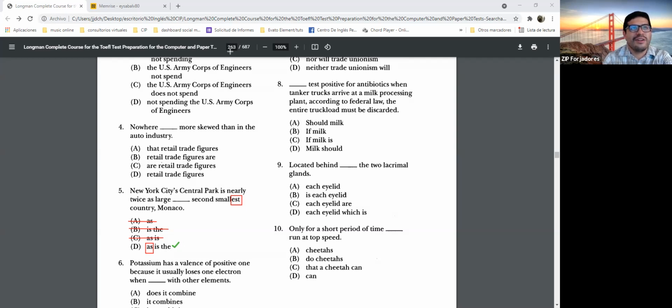There could also be another way to say it, for example, "as large as the second smallest country is, comma, Monaco." But we don't have the "is," so that means it's inverted.